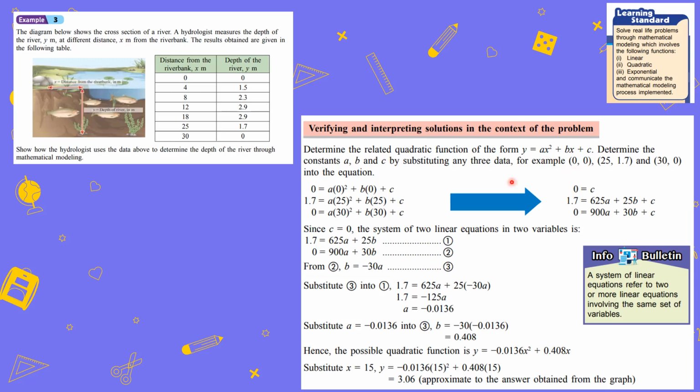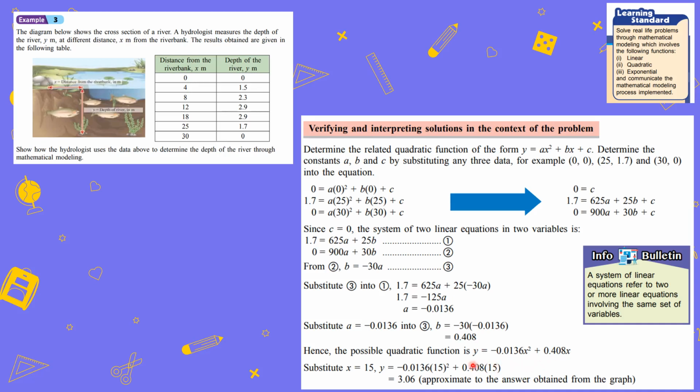From substituting the value of the coordinates, we will get c equals 0, a equals negative 0.0136, and b equals 0.408. So we substitute all the constant values into the general form of the quadratic function.